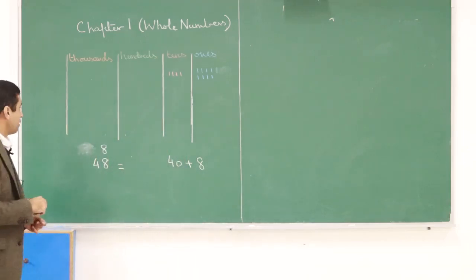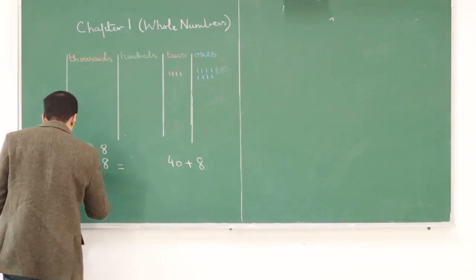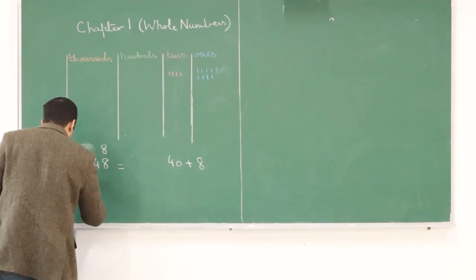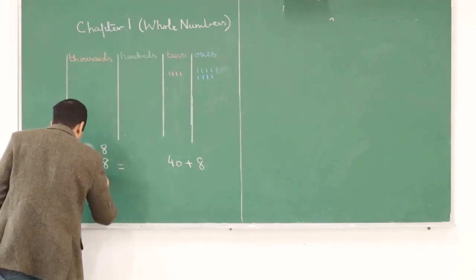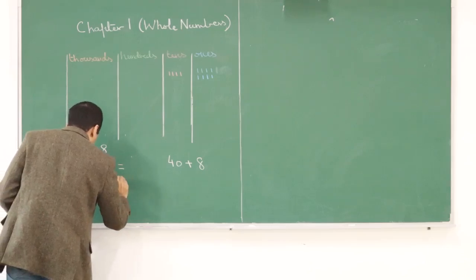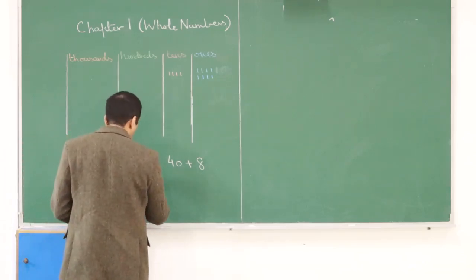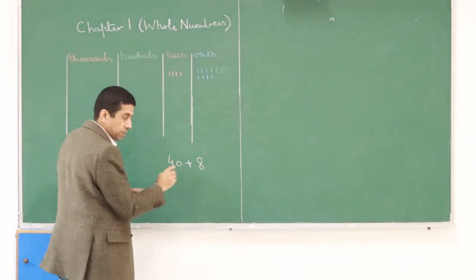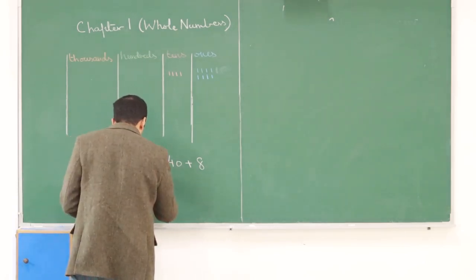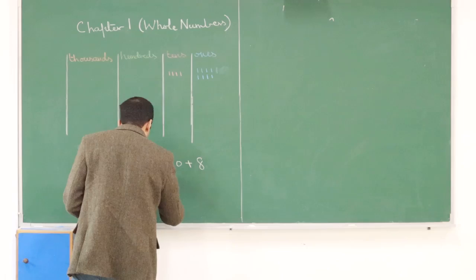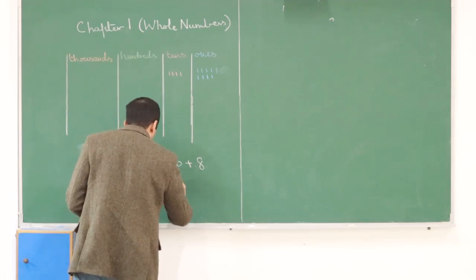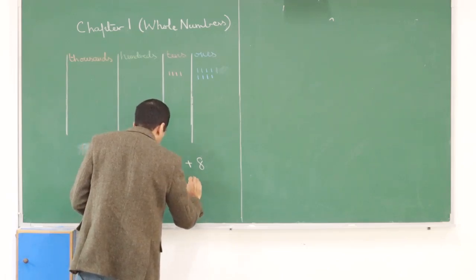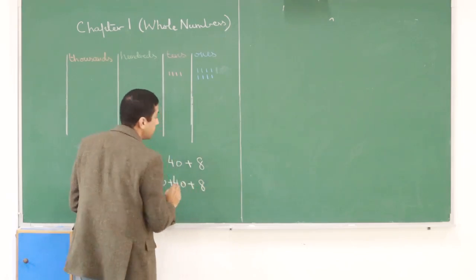Now let's say we want 548. So the new number that we want is 548, right? So this would be a 500 plus a 40 plus an 8, right? So now note when we say 500, what do we actually mean? We mean 500s, right?